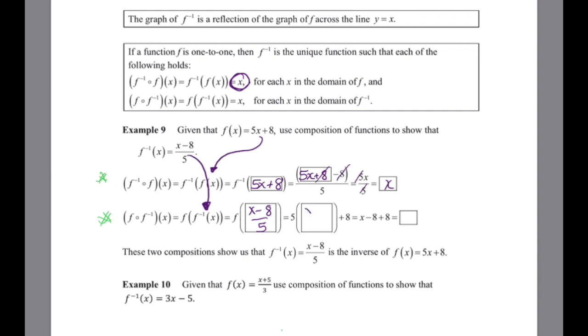So 5 times x minus 8 over 5 plus 8. Here I see my 5's will end up disappearing, and I have x minus 8 plus 8. These disappear, so I have x. So I have shown that through the composition of functions, these two functions are certainly inverses of one another.